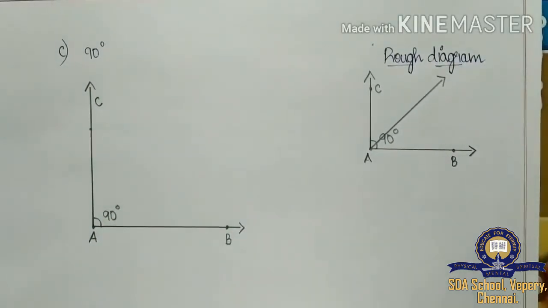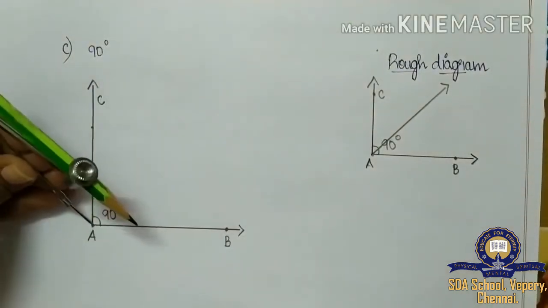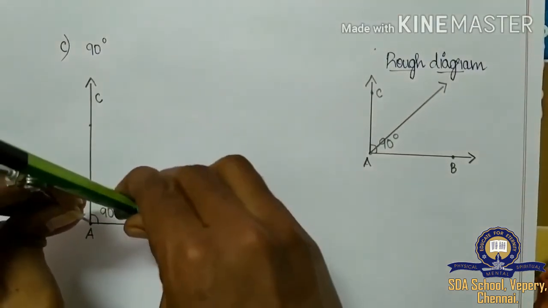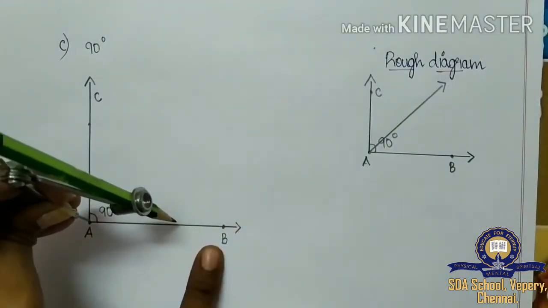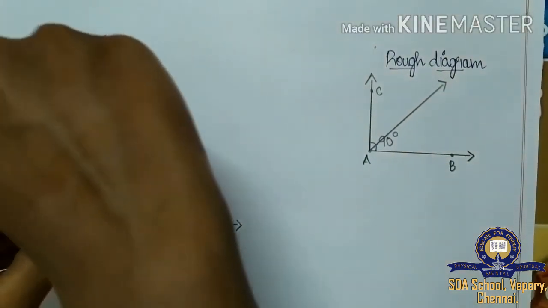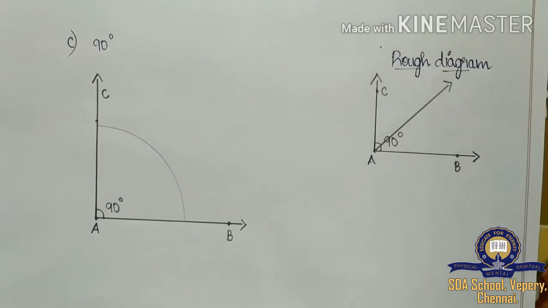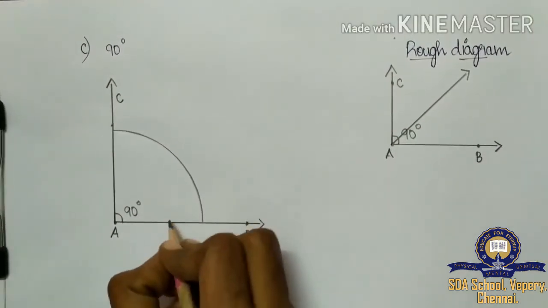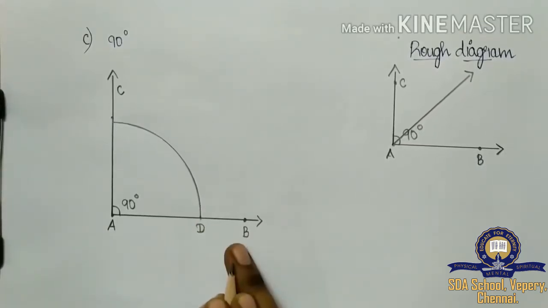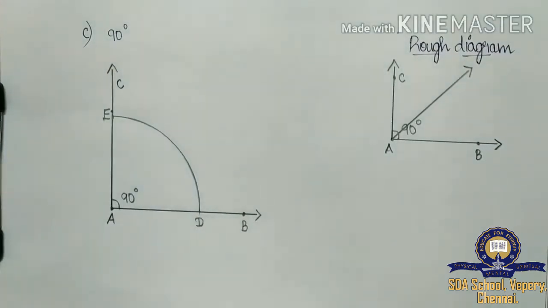And the given angle is 90 degree. Now take compass with A as center and the radius is more than half of the length of AB. So now draw an arc and mark the point of intersection as D on AB and E on AC.